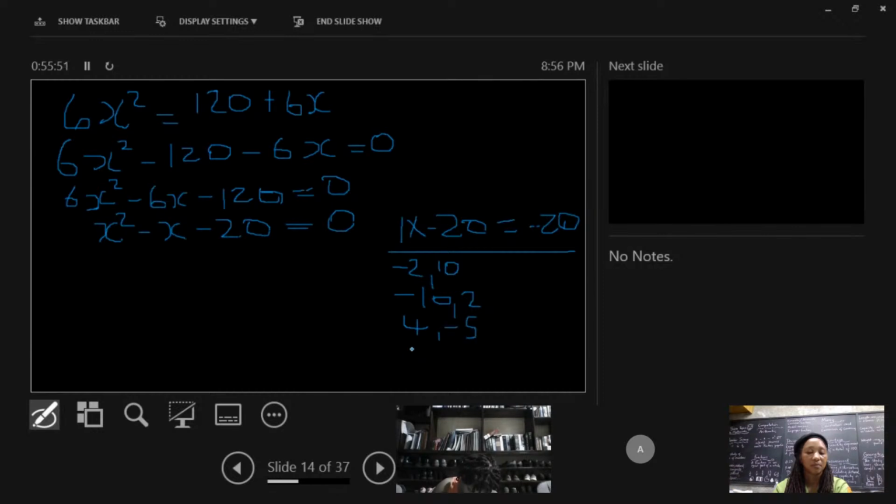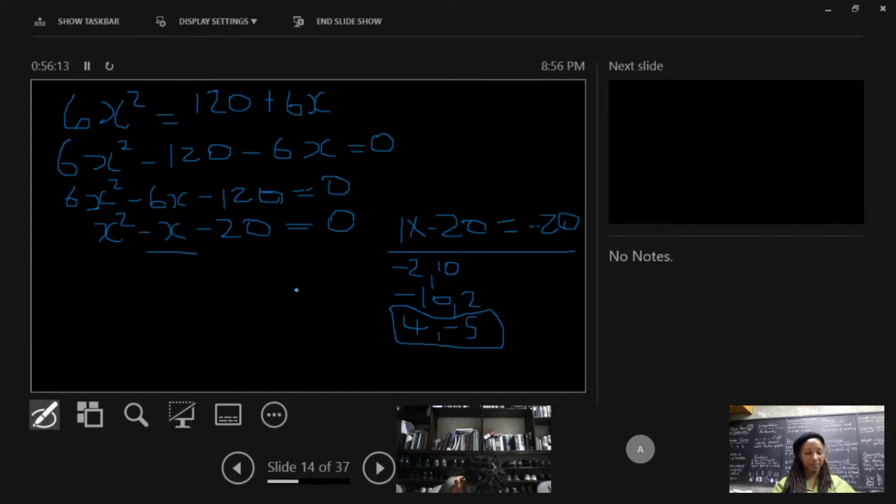Okay, so Miss, I found the two numbers that would give negative x. That's negative 1, yes, negative 1. Miss, that's 4 plus negative 5. 4 times negative 5. Oh, okay.